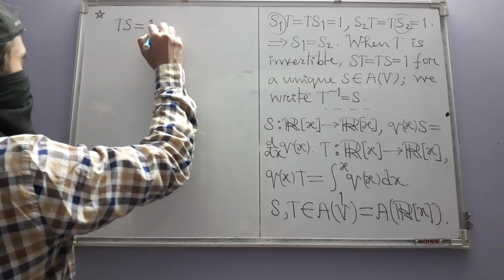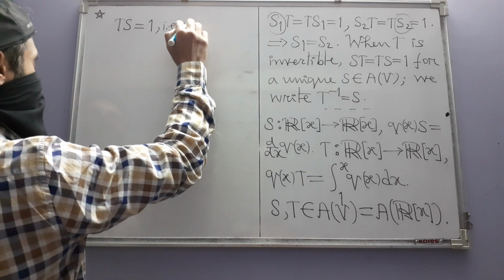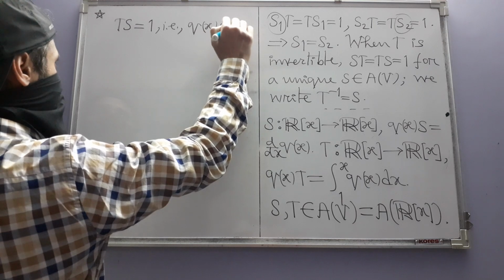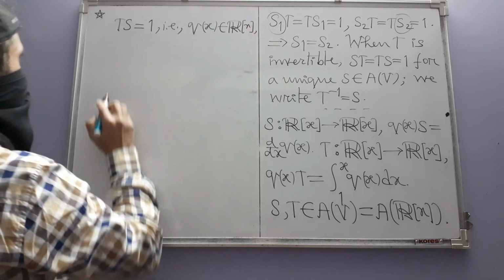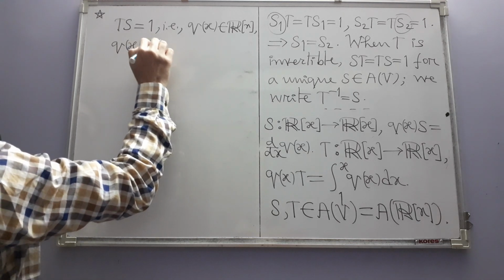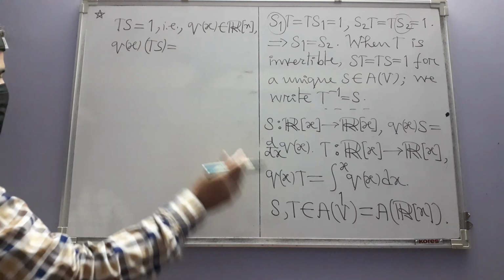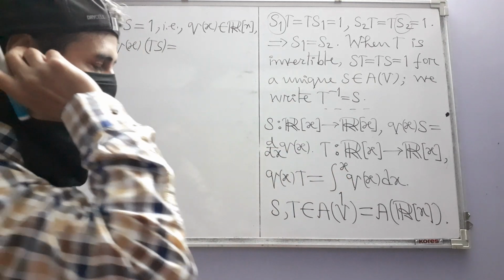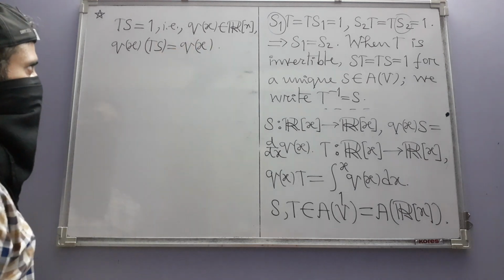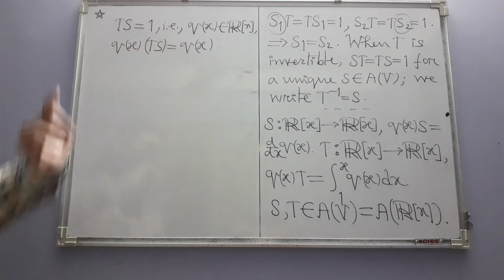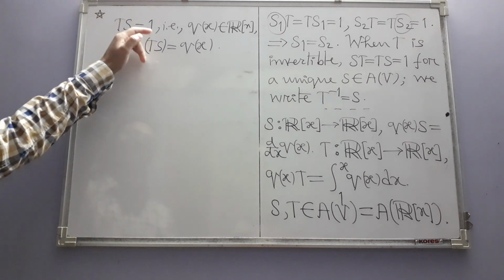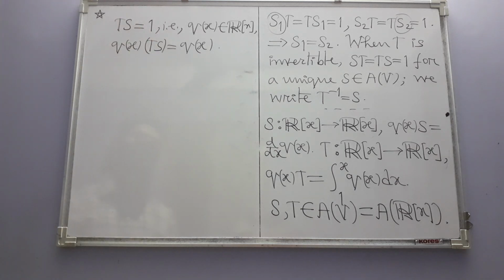In other words, if you take any real polynomial q(x), then you apply TS on that, that is, first you apply S and then you apply T, you will be able to show that you get q(x) back. So TS in fact is 1, which tells us that T is a left inverse of S and S is the right inverse of T.